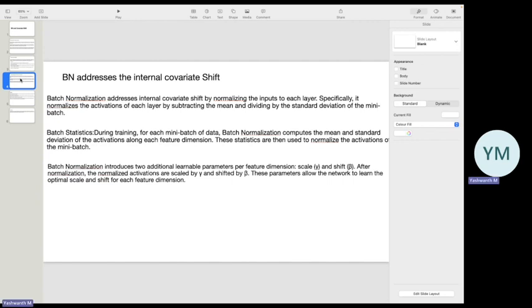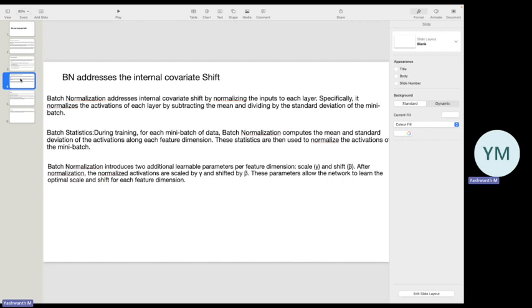So we use batch statistics during training for each mini batch of the data. Batch normalization computes the mean and standard deviation of the activations along each feature dimension. These statistics are then used to normalize the activations of the mini batch.